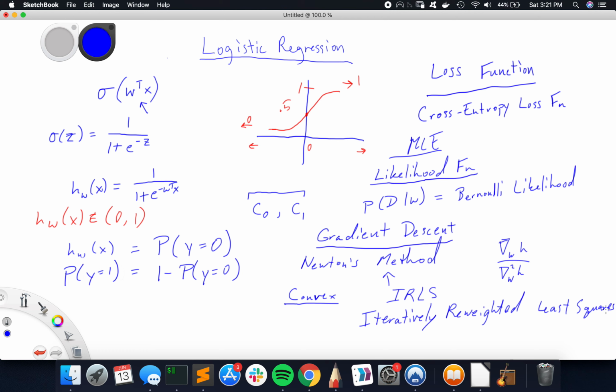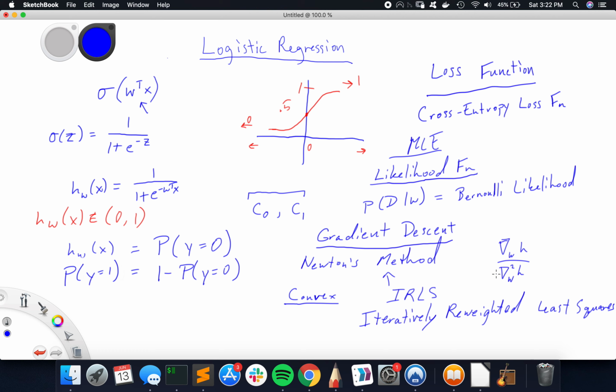And it really bears a lot of resemblance to the closed form solution in the ordinary least squares linear regression model. So that's where it gets the name from, and you're basically reweighting that update and performing it iteratively when you do the Newton's method optimization.